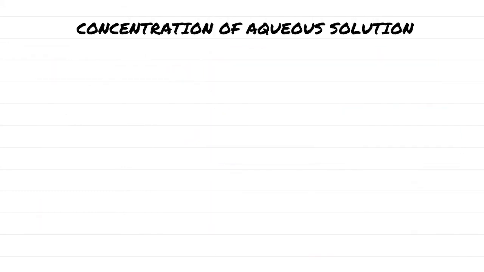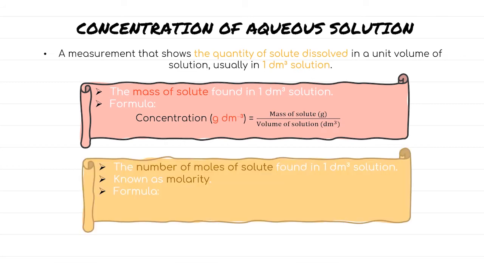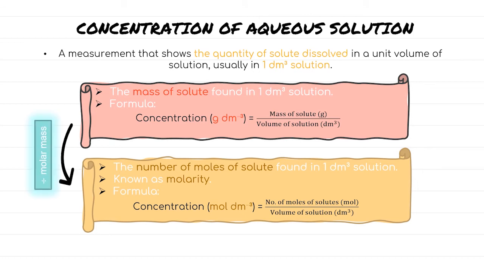Next, we are going to look at the concentration of aqueous solution. What does it mean by the concentration of aqueous solution? It is a measurement that shows the quantity of solute dissolved in a unit volume of solution, usually in 1 decimeter cubed of solution.